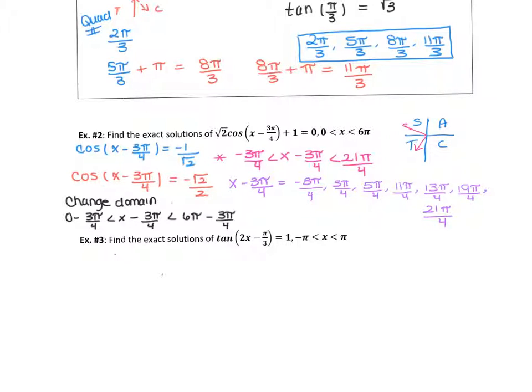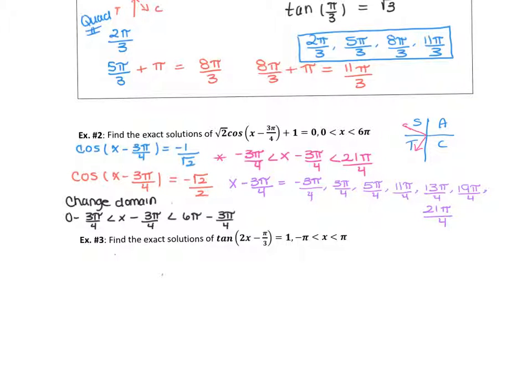Those are the values that are in your second quadrant and your third quadrant, right? You keep adding 2 pi, and you go until you can't go anymore. Well, you get 11 pi over 4, 13 pi over 4, 19 pi over 4, and 21 pi over 4. Obviously, given your new interval, you can't go past 21 pi over 4.